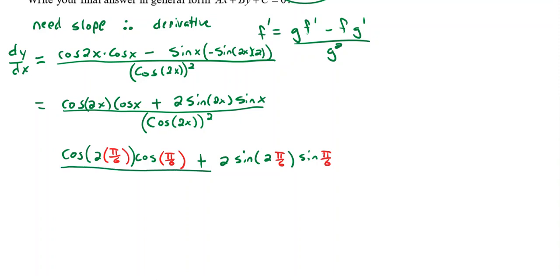And then that is all over cos of 2 pi over 6.